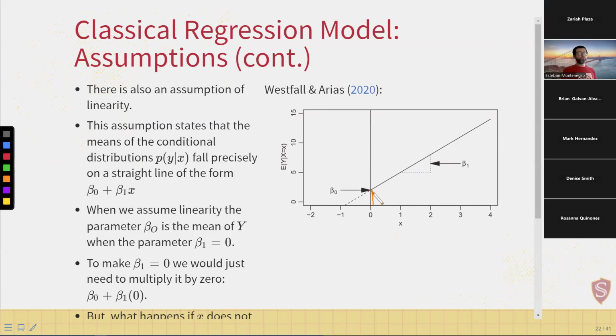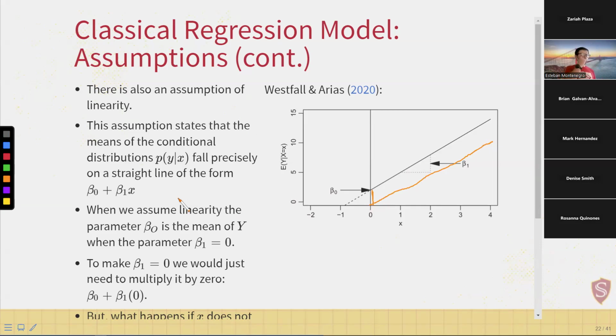Of course, you could have a linear function without intercept. You could set the intercept to 0 and start exactly at 0. That's also possible, but many times we do want an intercept, the starting point of the line.